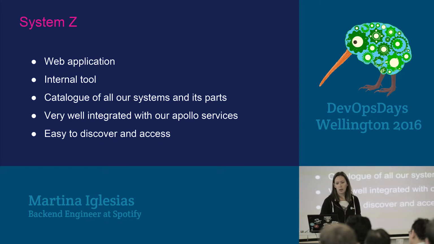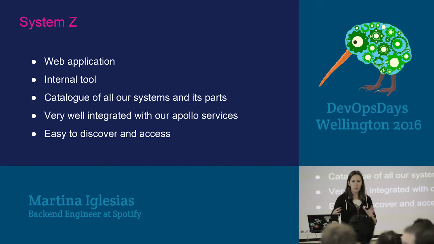The tool that we use for this is called SystemSet. It's an internal tool that we are developing. It's a web application that is supposed to be a catalog for all our systems and the parts of our systems, including services. So it does exactly this. It's one place where you can see all the relevant information for services.